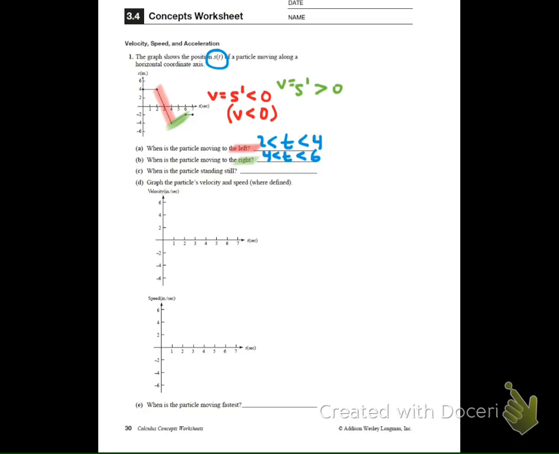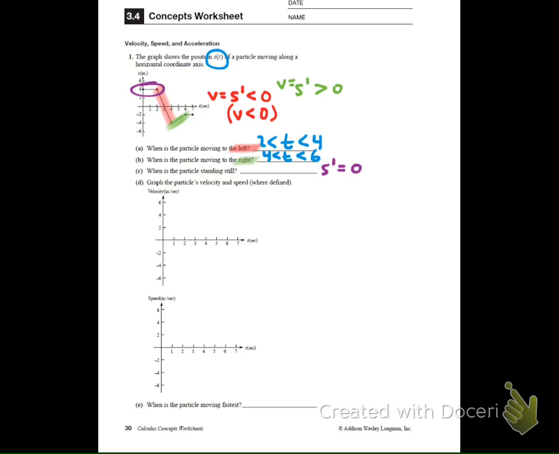And when is the particle standing still? Well, I don't have a highlight for that. How about purple? The particle is standing still when s prime is equal to 0. In other words, the derivative of the position, or the position, isn't changing.